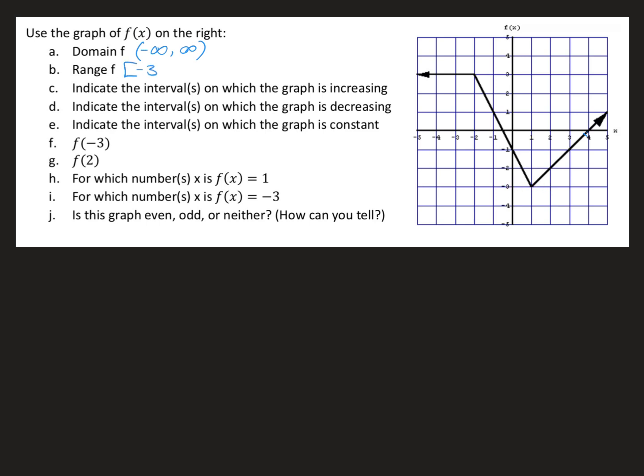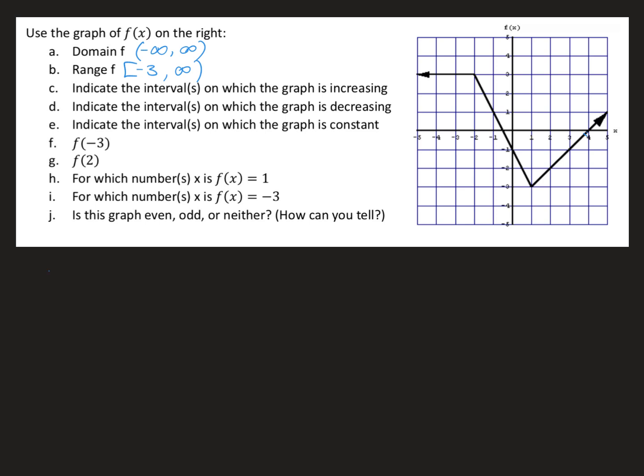But then students will follow the graph up and say, this left side goes higher than this right side, and they will try to stop the range at +3. But that's not what happens. The range actually goes off to positive infinity because this arrow points upward forever. So make sure you're looking out for those arrows as you're going through and doing this.